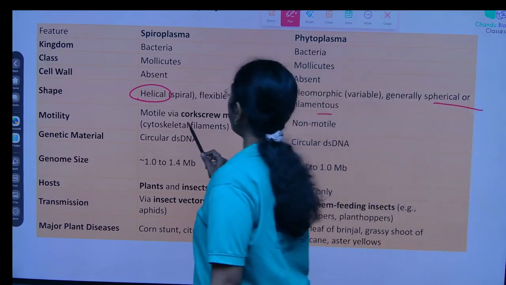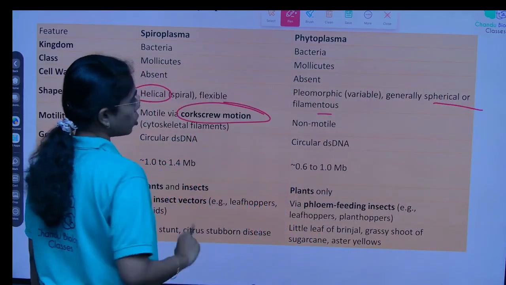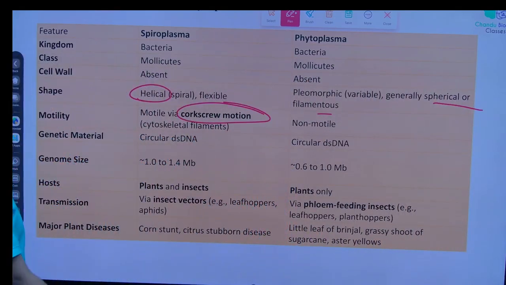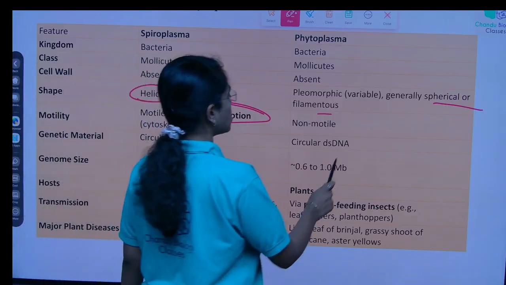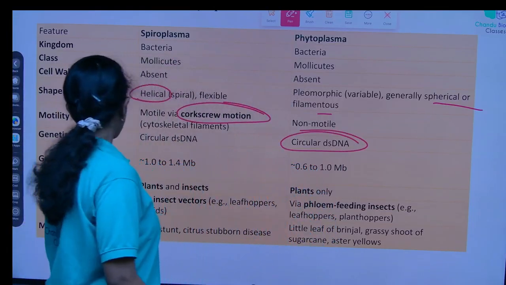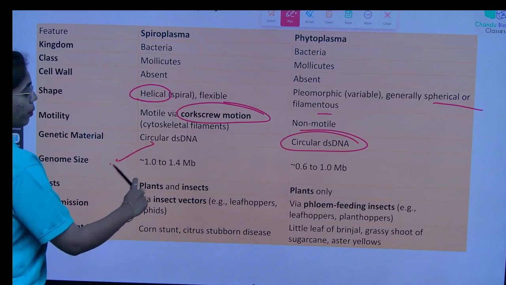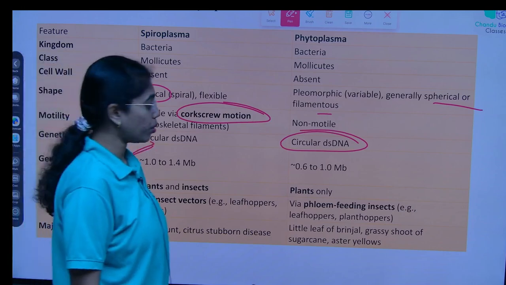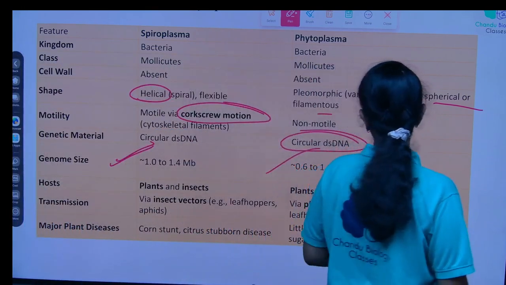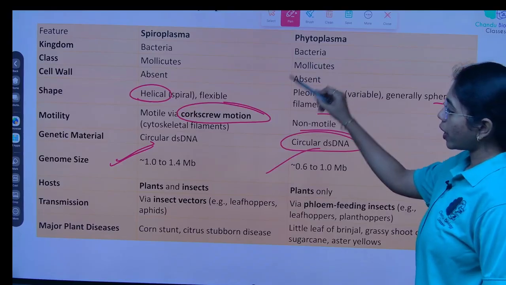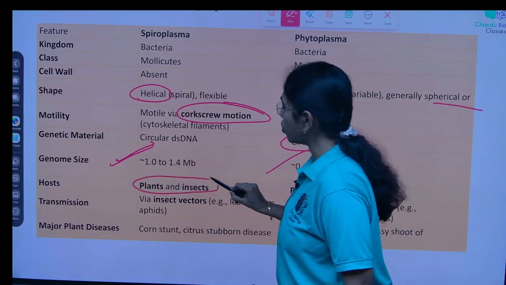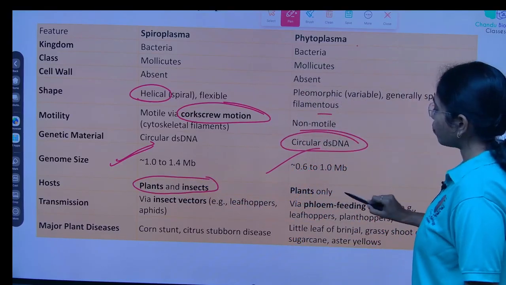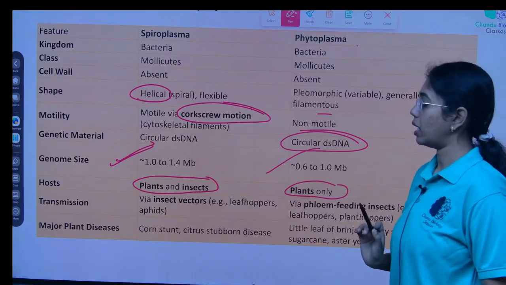Spiroplasmas are motile via corkscrew motion, and phytoplasmas are non-motile. Genetic material is double-stranded DNA in both. Genome size is 1.0 to 1.4 for spiroplasma and 0.6 to 1.0 for phytoplasma. Spiroplasmas show their effect both in plants and insects, but phytoplasma infects only plants.